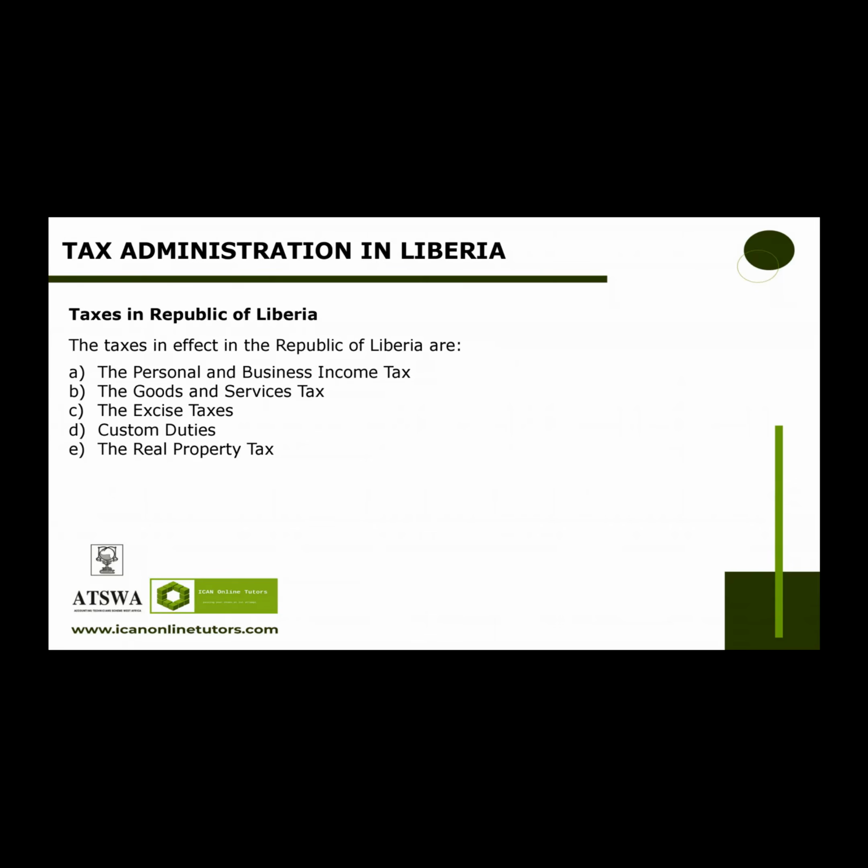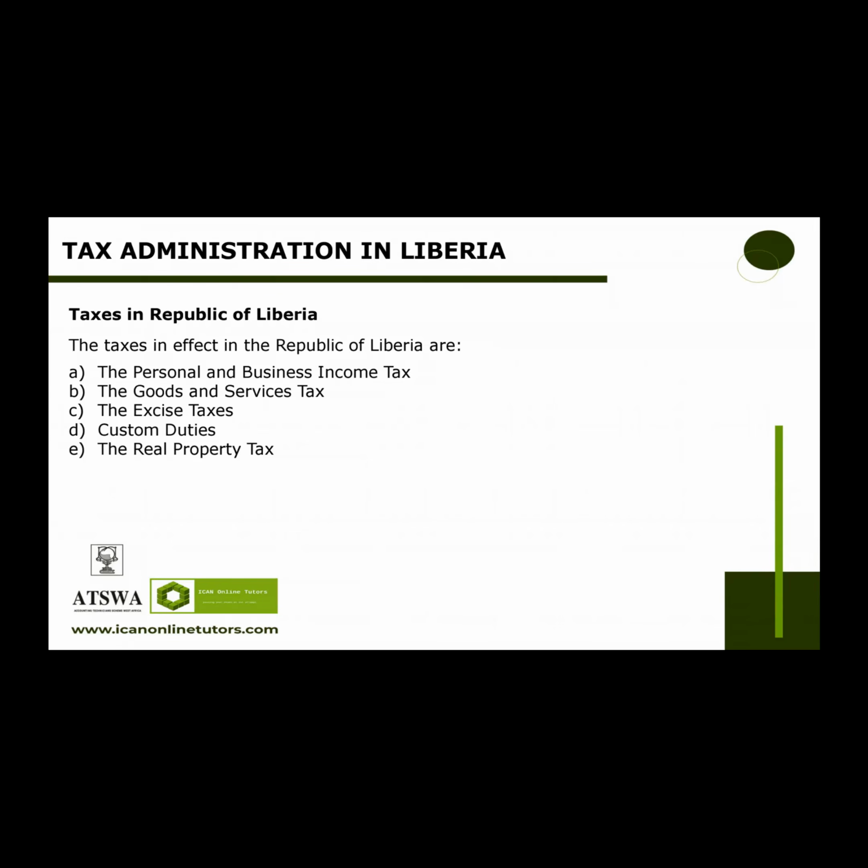And for personal income tax, if your gross income is between 0 and 70,000 Liberian dollars, your tax rate is 0%. If you have between 70,000 and 200,000 Liberian dollars, you have a 5% tax rate to pay.